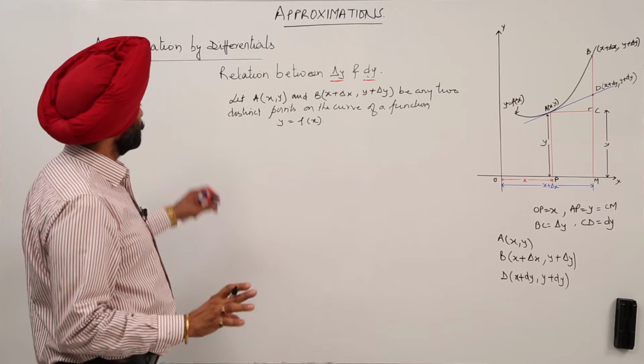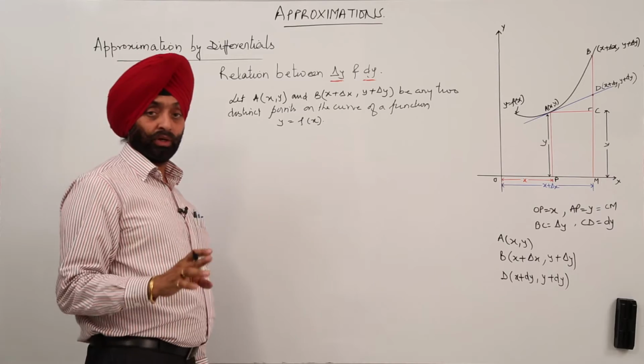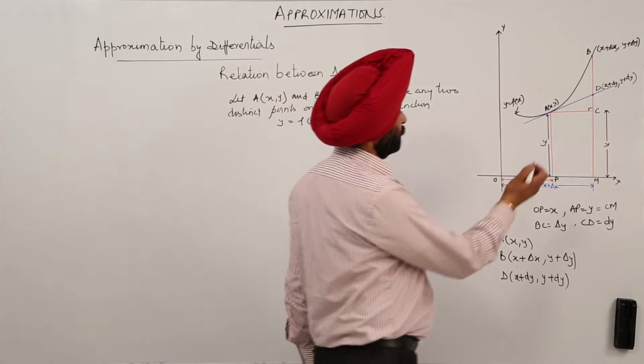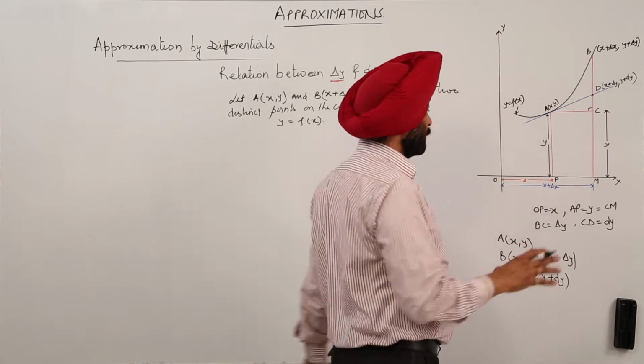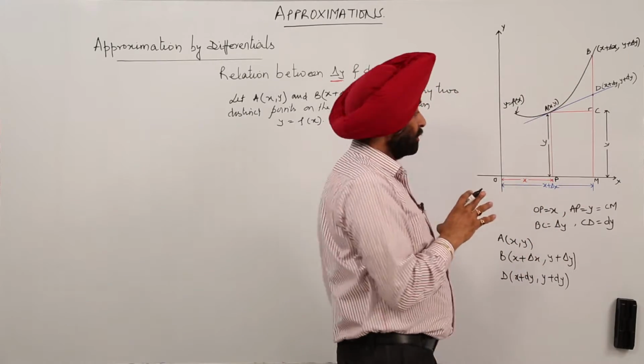Okay, simple things, that A and B are the 2 points lying on the curve. Here is A and here is B, anywhere 2 points. Okay, I have mentioned some distance for that point.